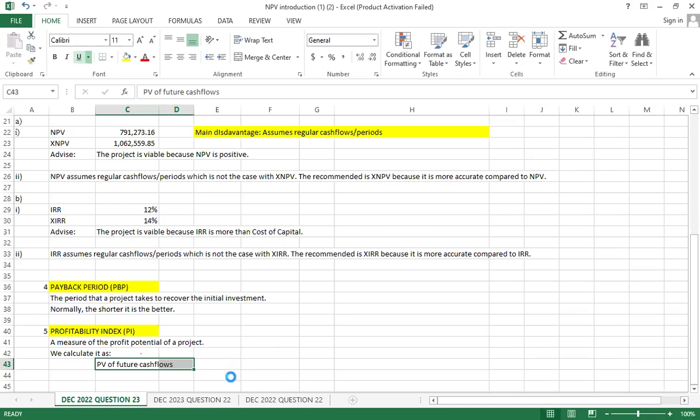You divide the present value of the future cash flows by the value of the initial investment.